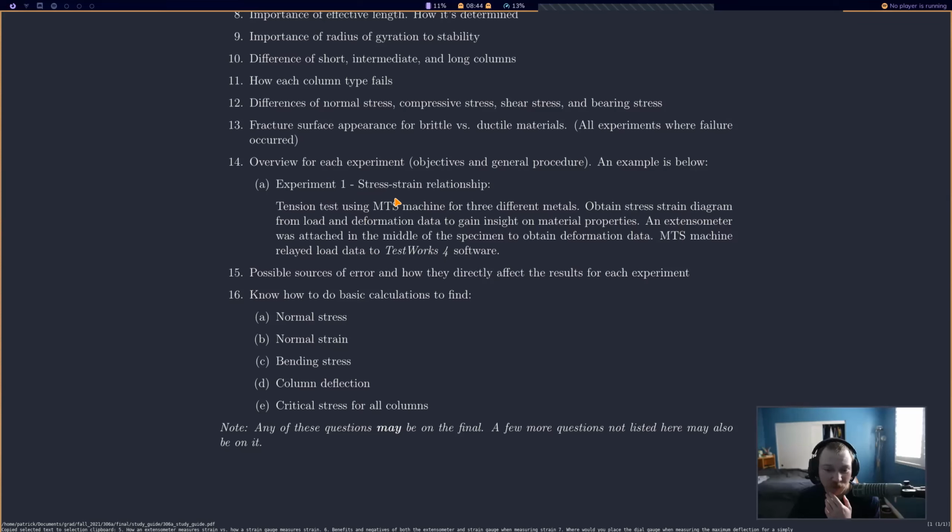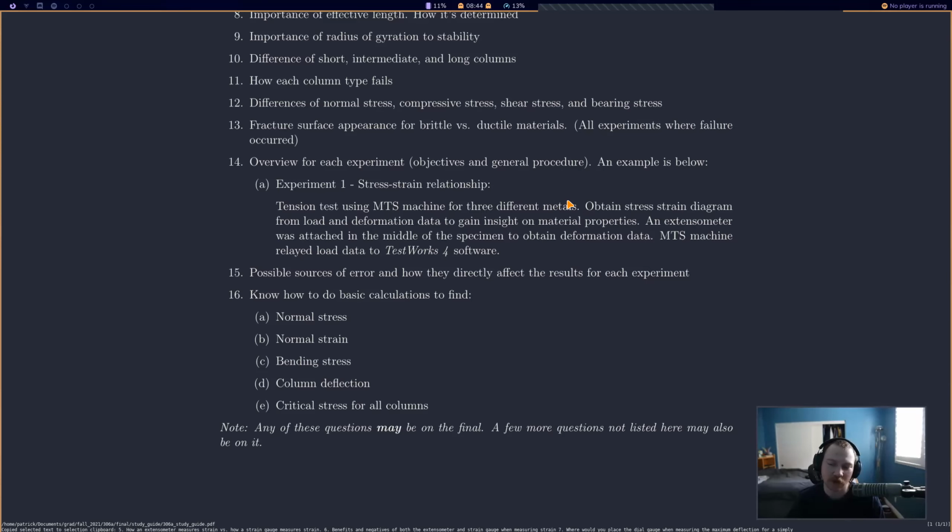But for experiment 1, that was a tension test. We used the MTS tensile testing machine, and we had 3 different materials. I don't want you to be super detailed. I don't care if you list out the exact materials that we used. I want you to just have an explanation for what we did for that experiment.